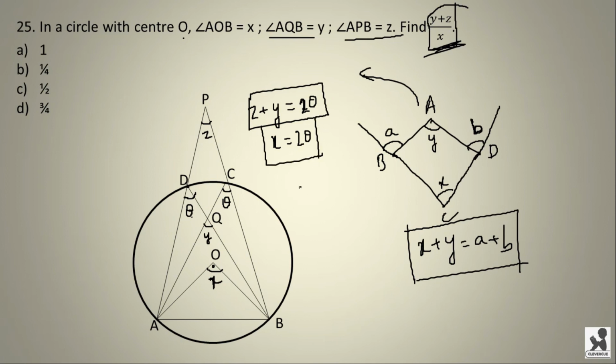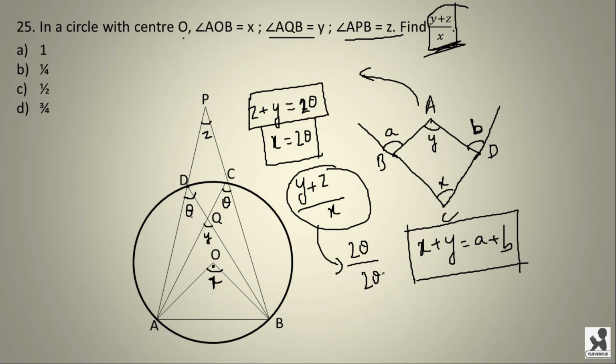Now we are asked (y plus z) by x. The value of this is 2 theta divided by 2 theta, where we get 1. So 1 is the answer. Option A is the right answer.